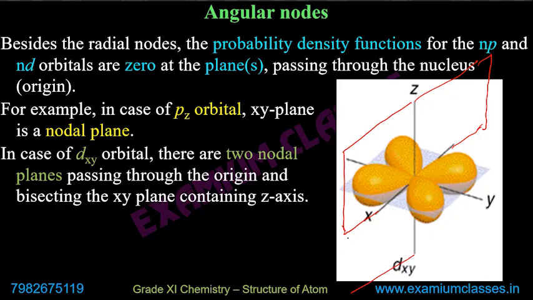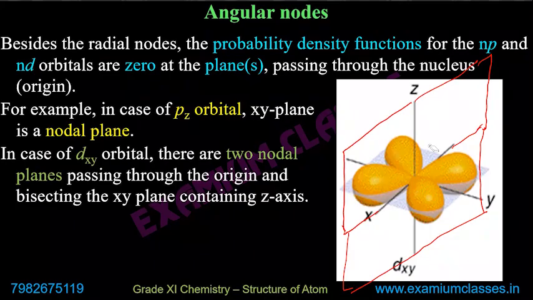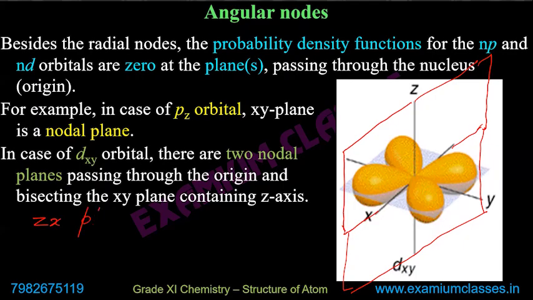Then this plane has these two lobes on one side and these two lobes behind it on the back side. And along this plane, there is no electron density at all. The electron density is zero. So the ZX plane in this case does not have any electron density. So that is a nodal plane.